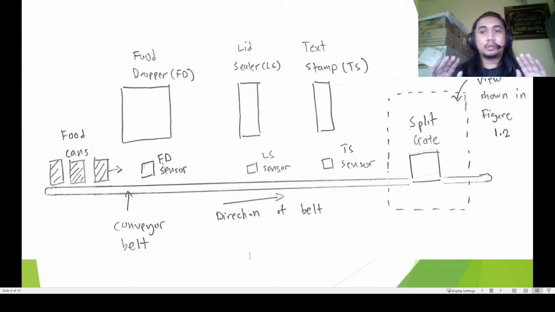But I don't want that. I will try to prevent that, which is why I put the sensors down there, which would only activate the actuators if there is a can under it.